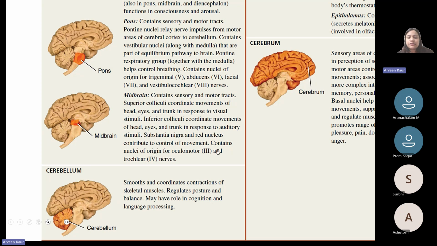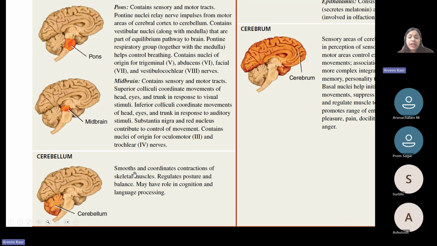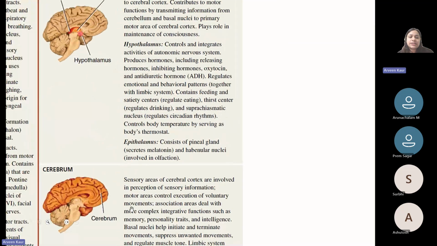The substantia nigra over here and red nucleus contribute to control of movement and contain nuclei of origin for oculomotor and trochlear cranial nerves, right? Then comes cerebellum. It smooths and coordinates contractions of skeletal muscle, regulates posture and balance, and may have a role in cognition as well as language processing.